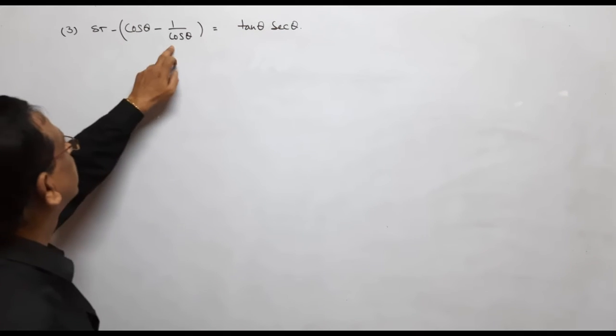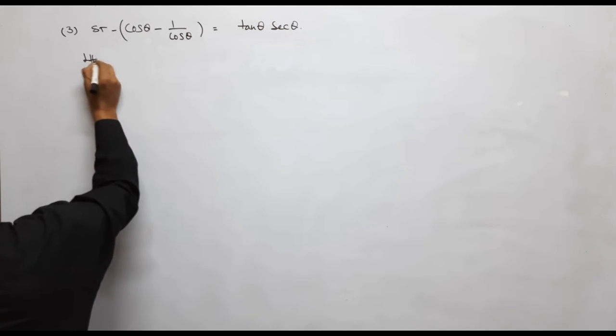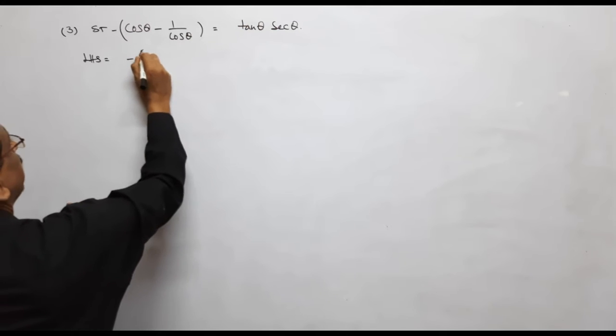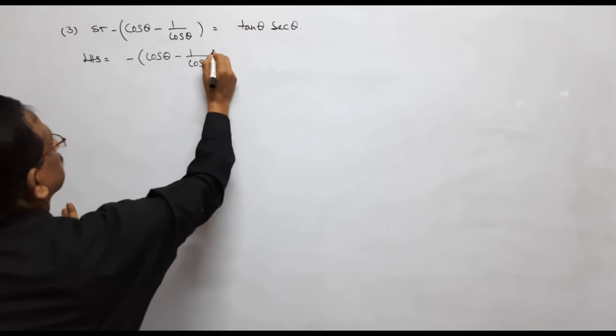This is nothing but 1 by cos theta minus cos theta. So I'll consider LHS. LHS is equal to minus cos theta minus 1 by cos theta.